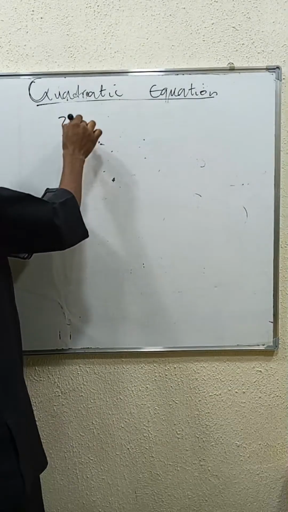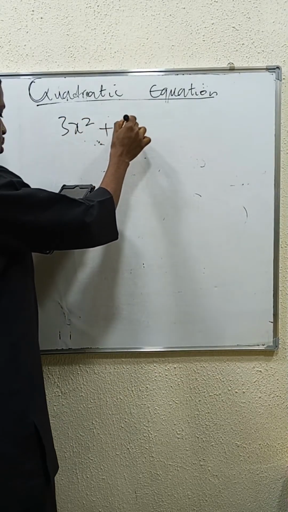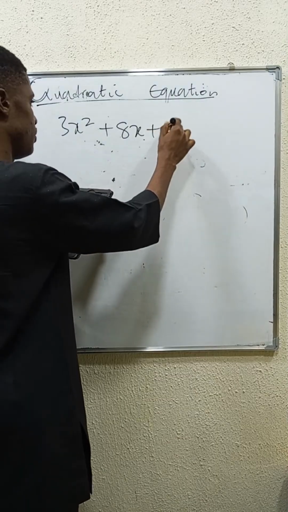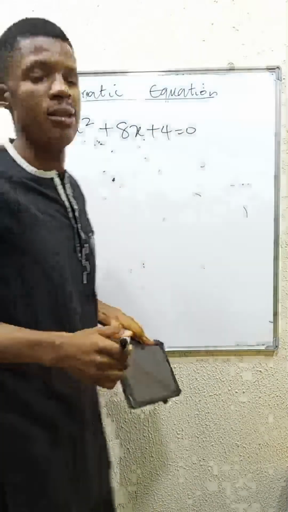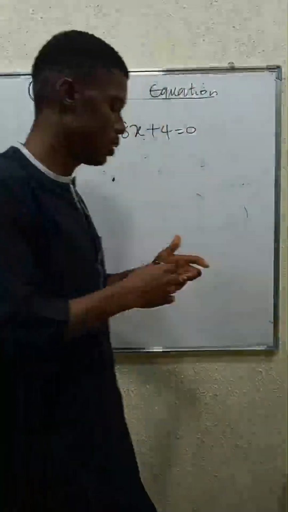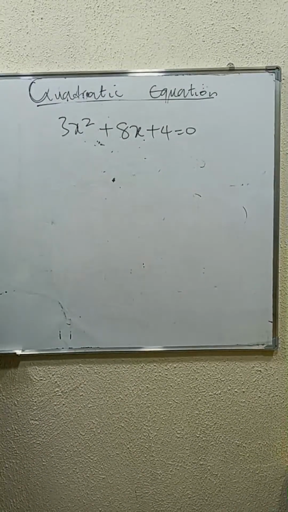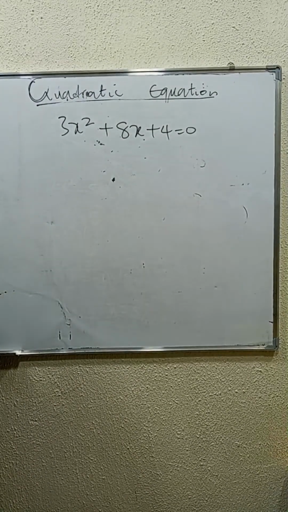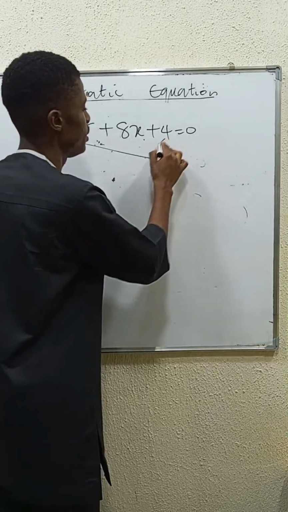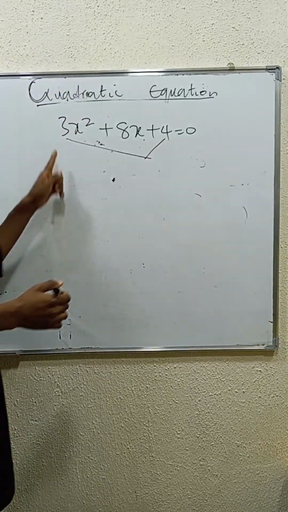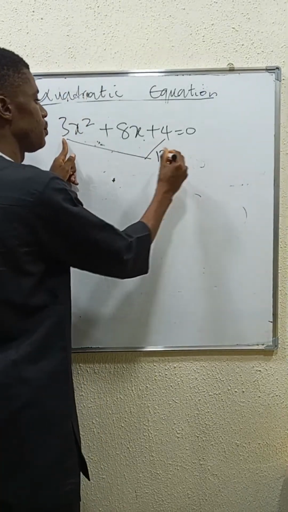You have 3x squared plus 8x plus 4 is 0. This is another problem we're going to look at. Using the same method, multiply the leading coefficient to the last term. 3 times 4 is 12.